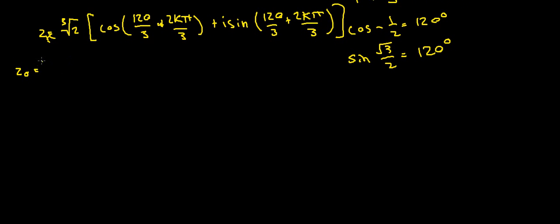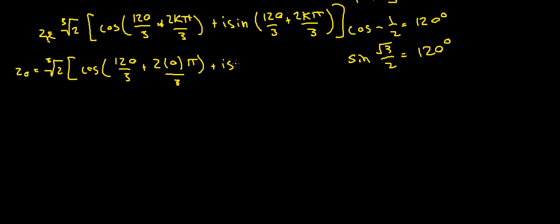z0, 2 times k0 pi, 3. So 2 times 0, that's going to be 0, so these terms are meaningless.